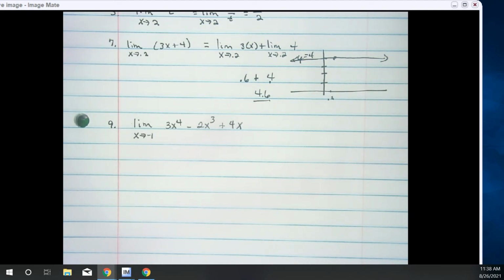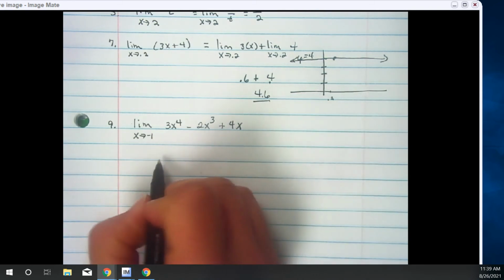And I bet you can do this without even typing it into the calculator, just by a direct substitution. -1 to the 4th power is what? You shouldn't have to type that in the calculator. What is -1 to the 3rd power? -1. And 4 times -1.